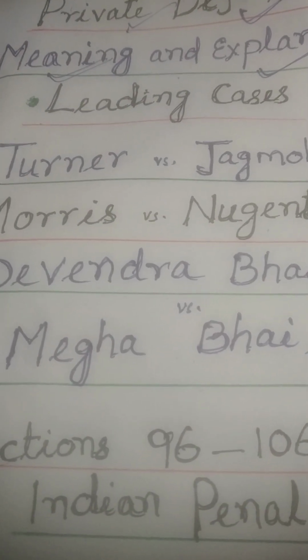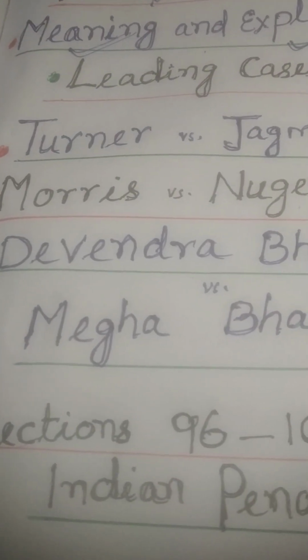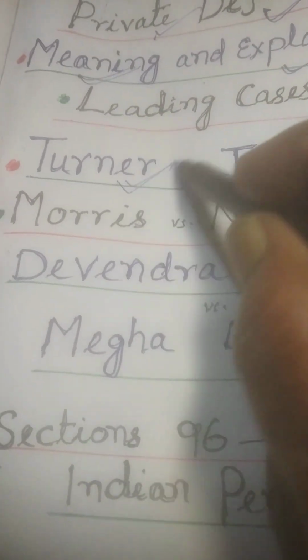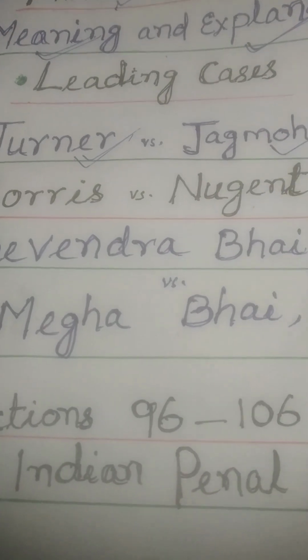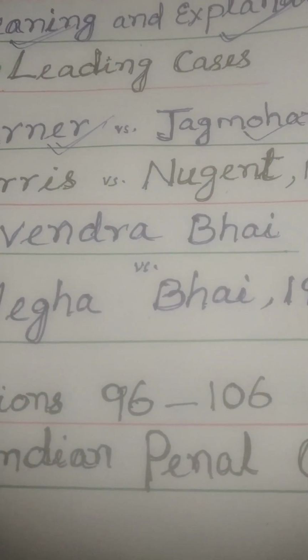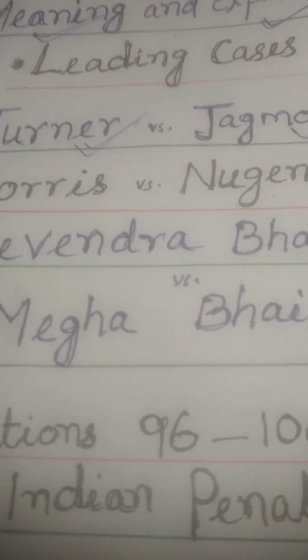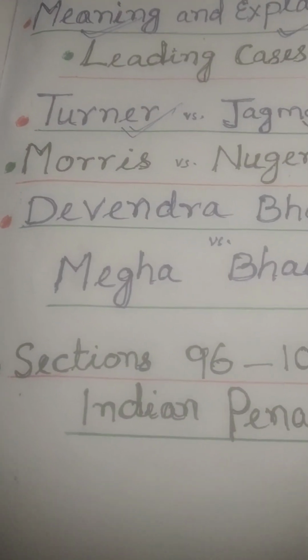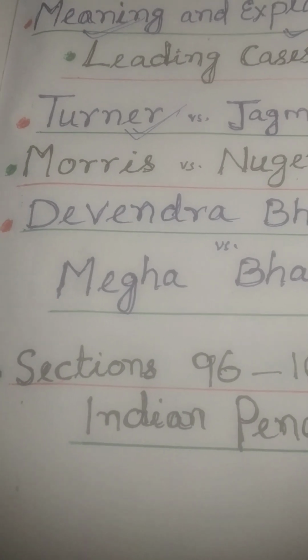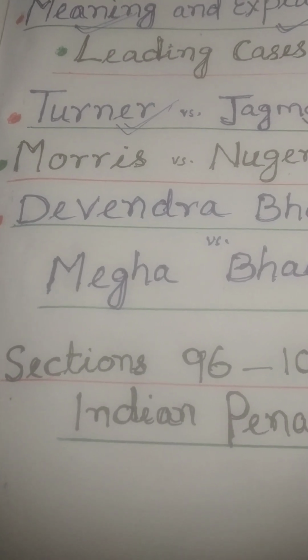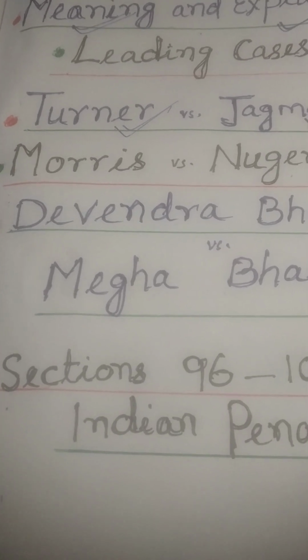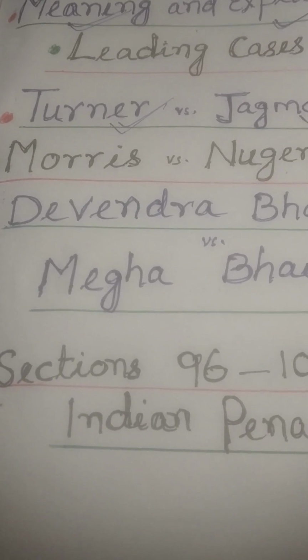In that connection, we would discuss one of the most important leading cases, Turner versus Jagmohan Singh, of 1905, decided by the Allahabad High Court. The court held that the plaintiff was not entitled to any damages.